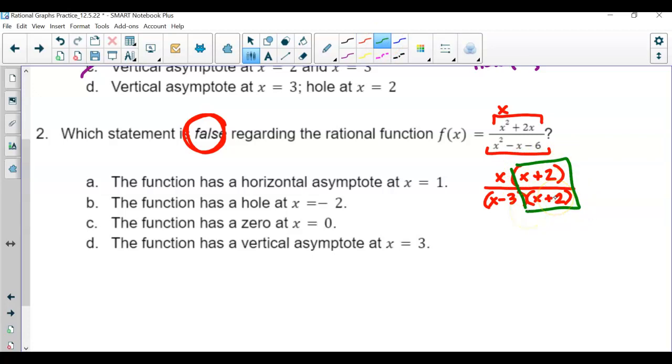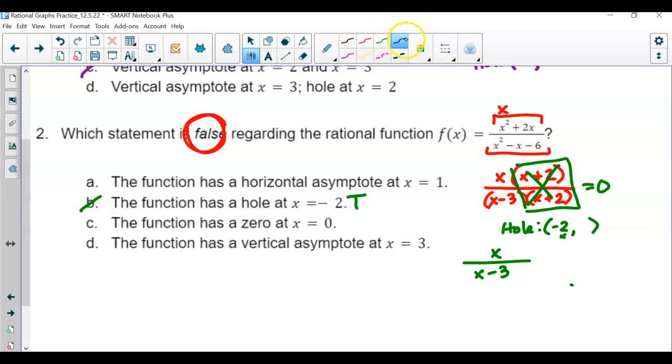So my hole is at -2. The x-coordinate is -2. So this statement here is true. So B is not my answer. Then I would cancel out, and I'm left with x over x minus 3. Now remember, when identifying our characteristics, the numerator is always set equal to 0.